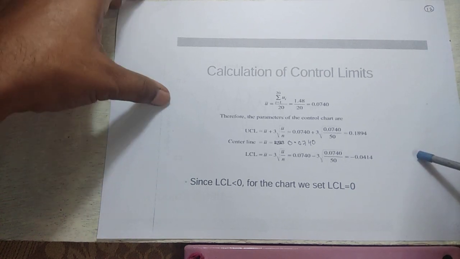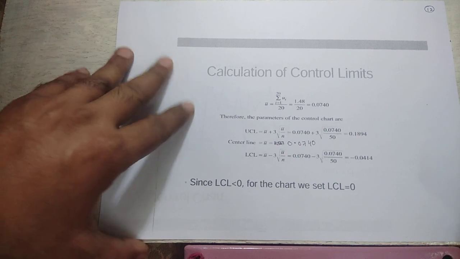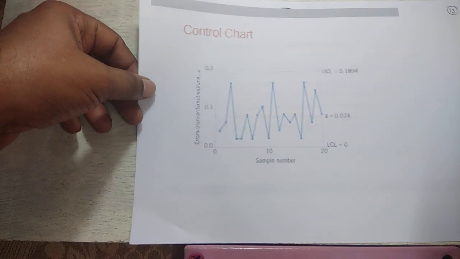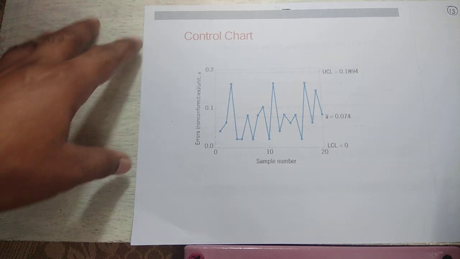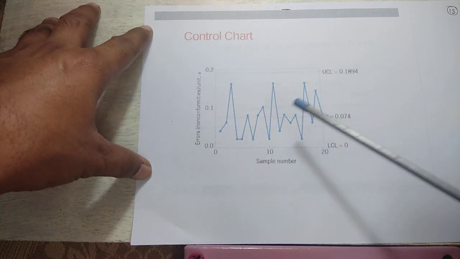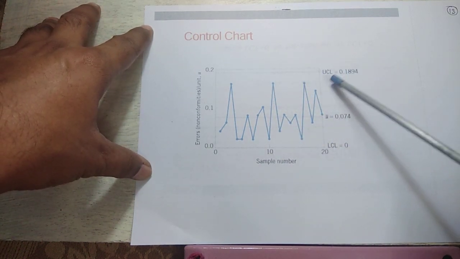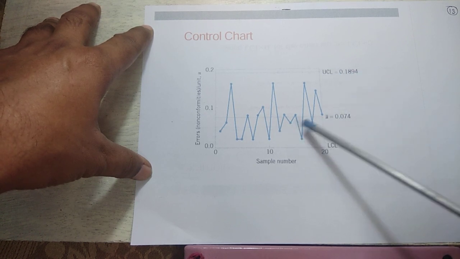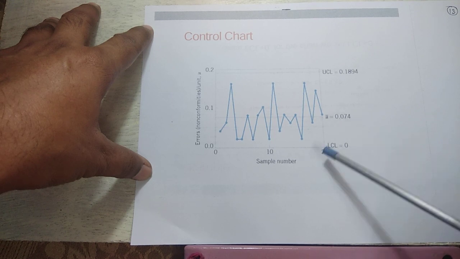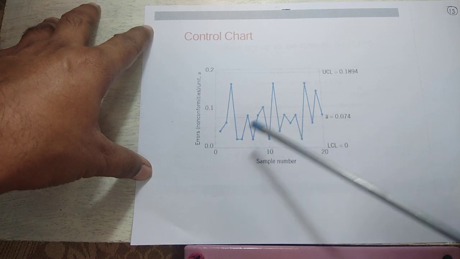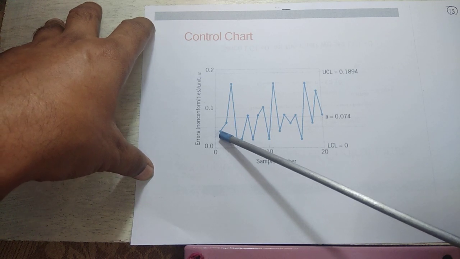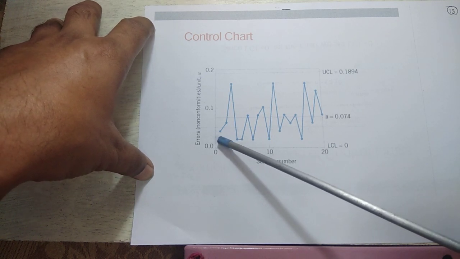Now we have to draw the chart. Now see the control chart: upper control limit equals 0.1894, center line 0.074, lower control limit 0, and we have plotted all the points of the average number of non-conformities.